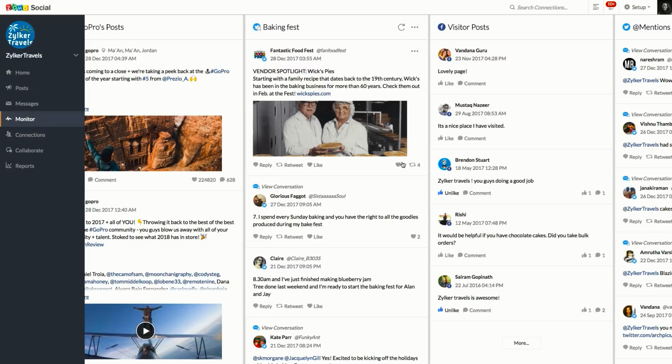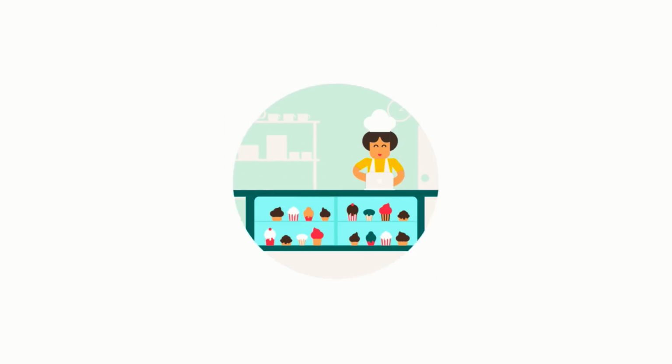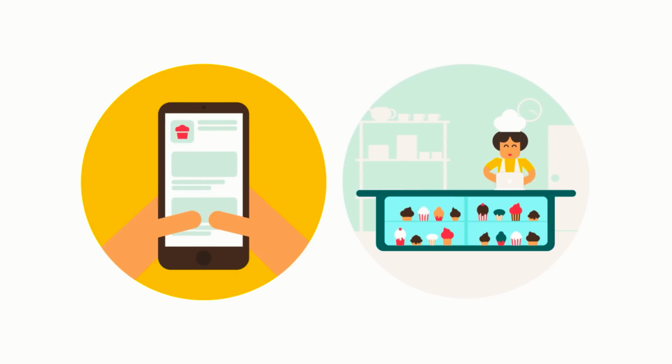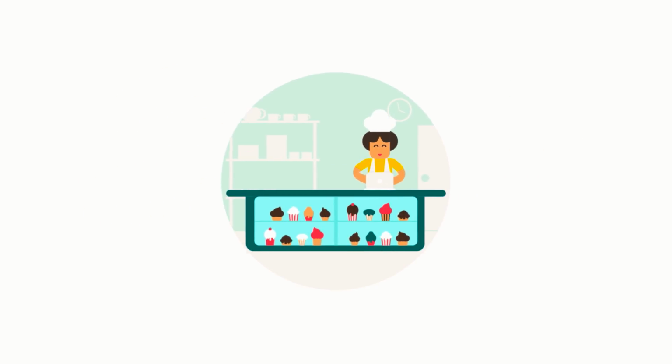So this way you can monitor a lot of things relevant to you and your industry by adding various kinds of columns. Now coming back to Millie's example, suppose she interacted with a prospective customer from the Twitter keyword search column, that is #baking, and she decides to send her a private message asking about the prices of cupcakes, or maybe wants to just discuss important details about the birthday party and so on. Where would she go then?